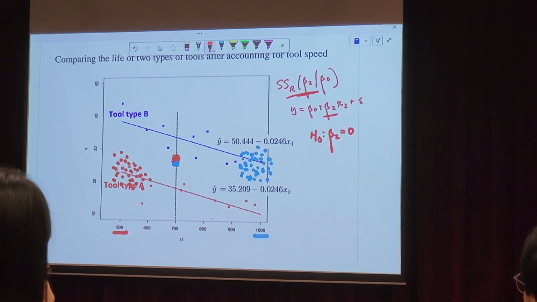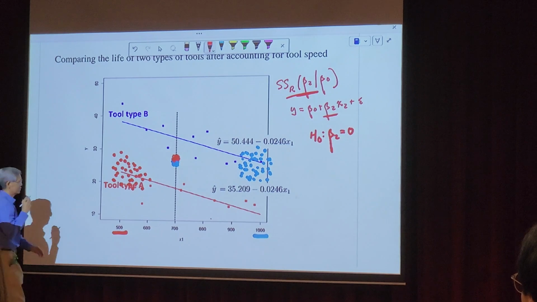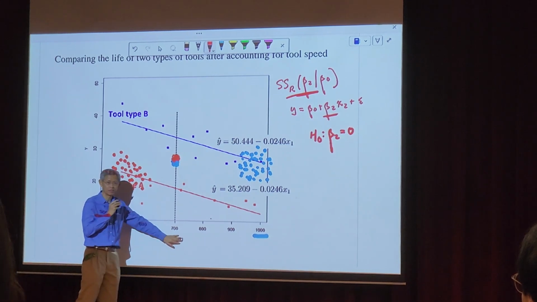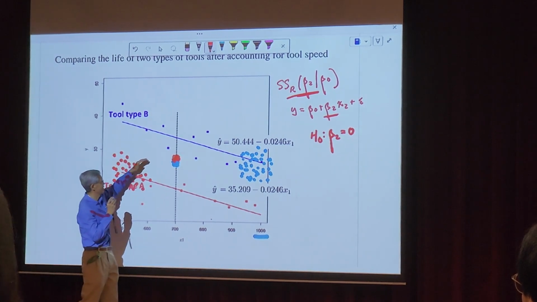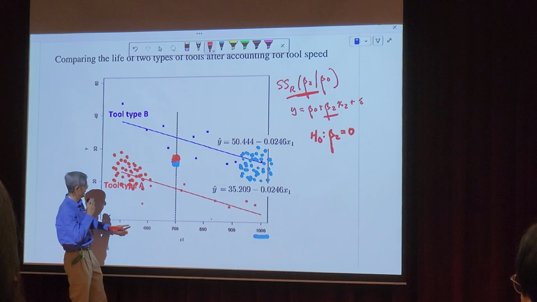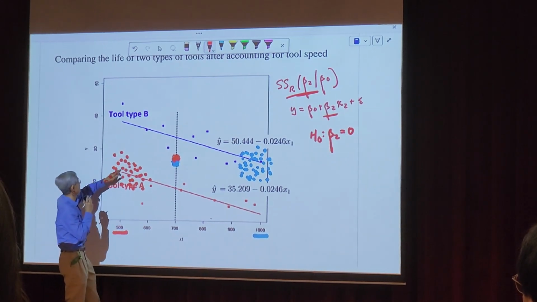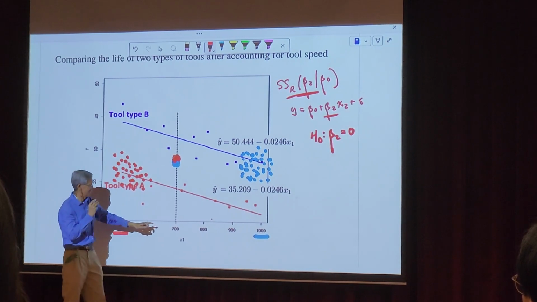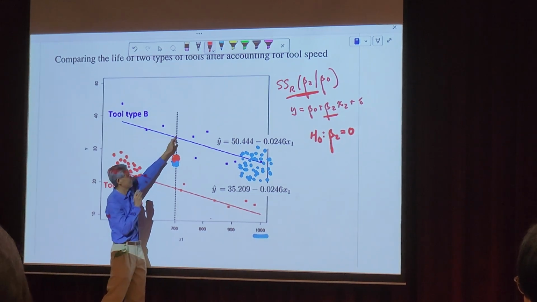Yeah? So what's the problem? The problem is that we did not take this into consideration. If you take this into consideration, you would have to compare, for example, at this low speed, the mean here with the mean here. At moderate speed, you compare the mean here with the mean here.